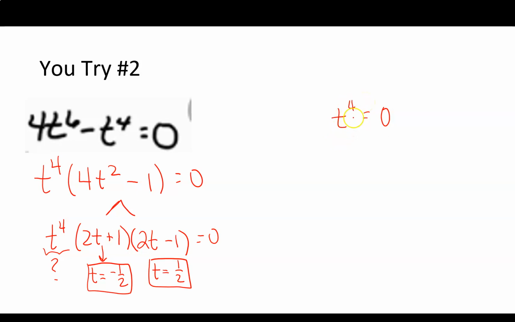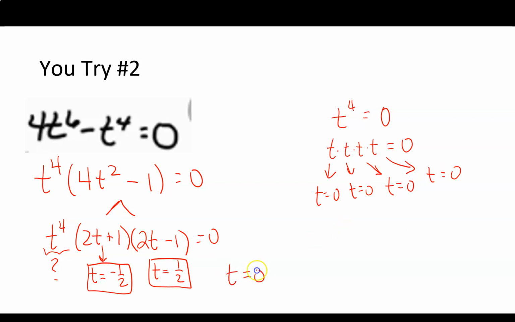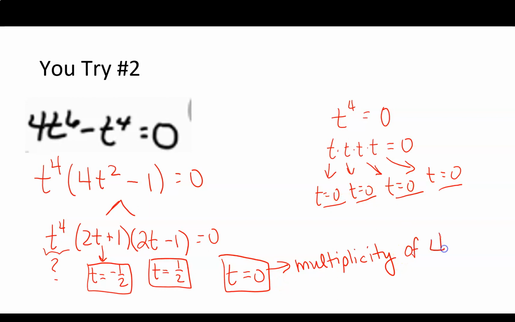Well, just remember this is saying that if I have t times t times t times t equal 0, that means this t is 0, or this t is 0, or this t is 0, or this t is 0. So you only need to write t equals 0 one time, but just remember this has what we call a multiplicity. So the number of times that 0 occurs, it occurs 1, 2, 3, 4 times.